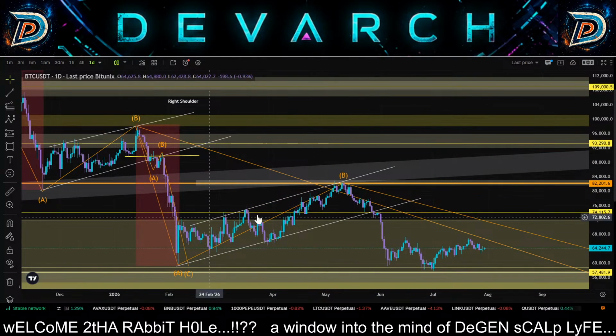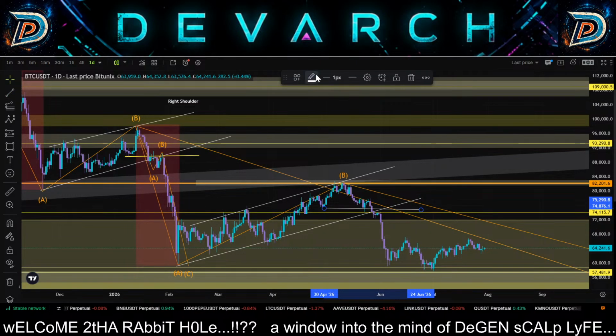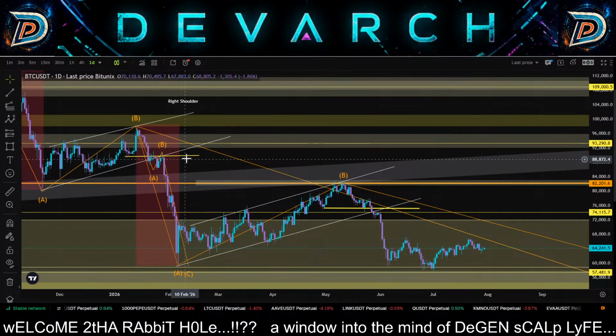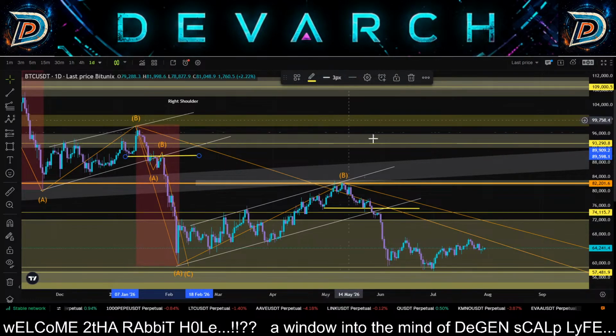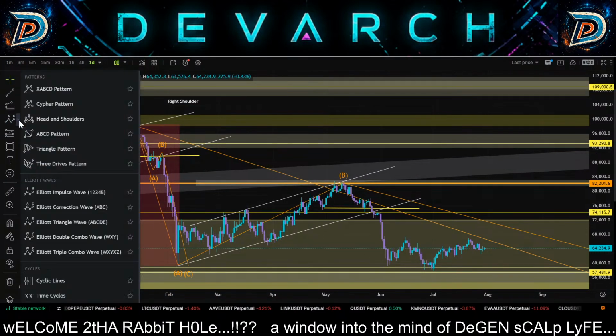Okay, and then again, you can find the local low that broke here. Okay, let's make that the structure break. I'm trying to make it a little bit more bold for you guys so you can see them.